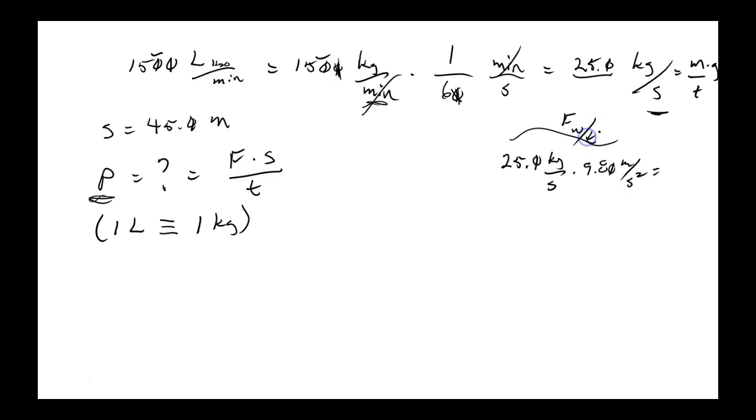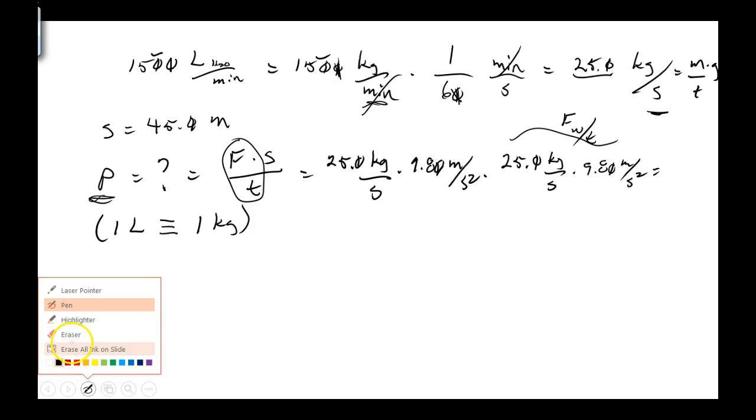Force per unit time. That's what that gives you because you got it per second. Well, there's force per unit time right there. Force per unit time, that is 25.0 kilograms per second times 9.80 meters per second squared times your displacement. And your displacement was, can I go on and erase this because I got it in the way here. Probably should have done this later.